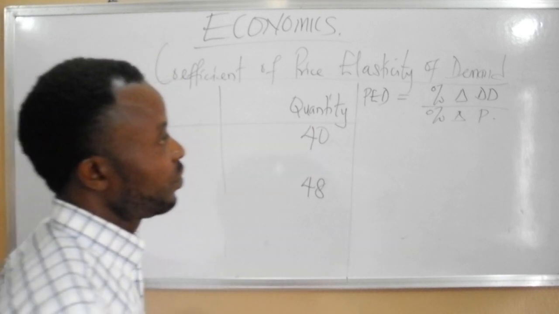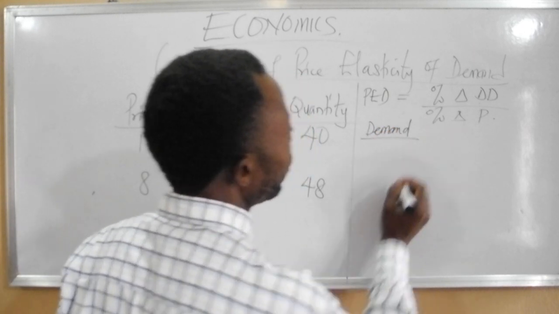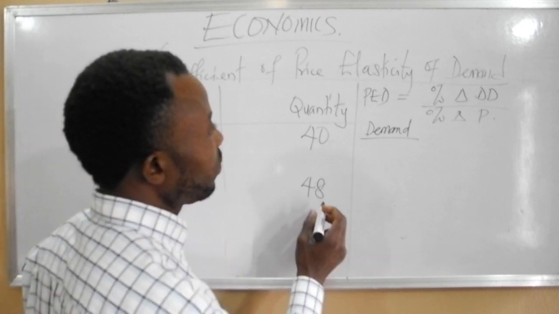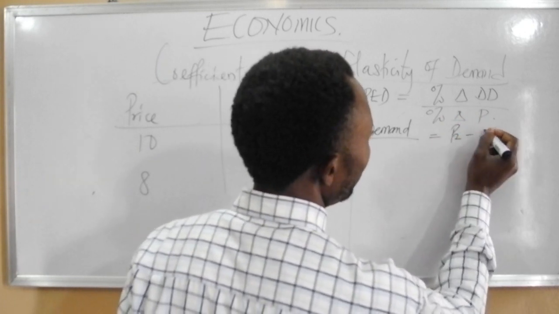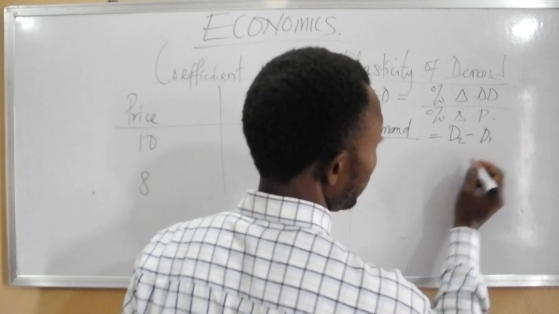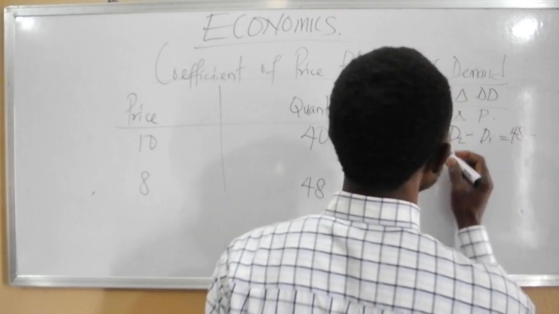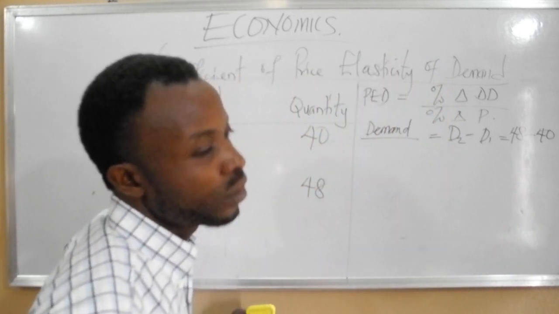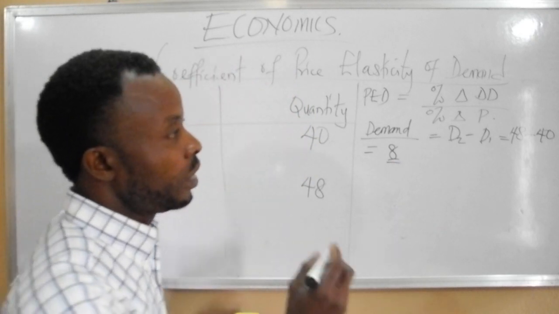Let's look at demand first. For demand we have D2 minus D1. D2 is 48 minus D1, which is 40. 48 minus 40 gives us 8.